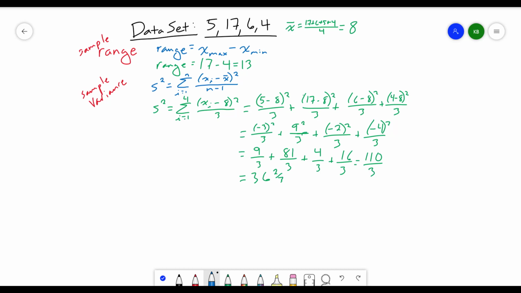So this value n has come up, and when we've talked about n, it's been our sample size. In our sample variance equation, you'll notice that there's an n minus 1. This n minus 1 is actually called the degrees of freedom. What the degrees of freedom tells us is how many values could be any random numbers that we choose in our observations.